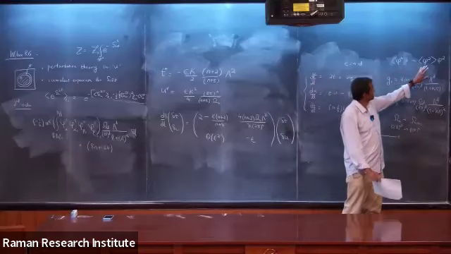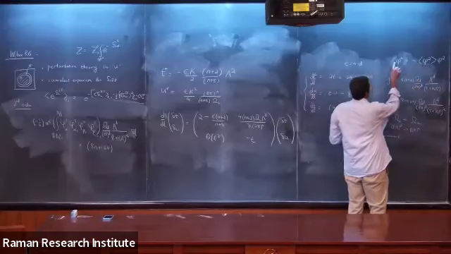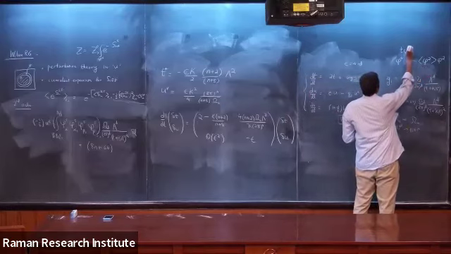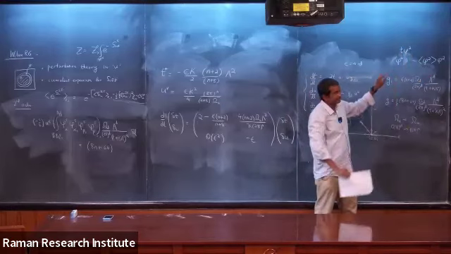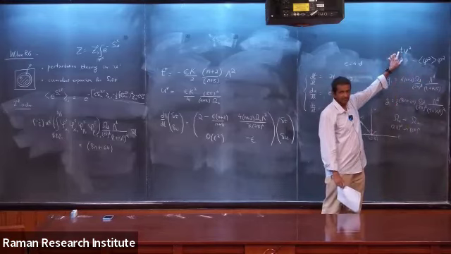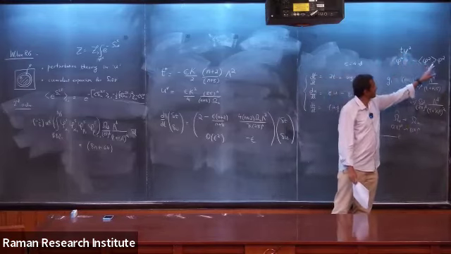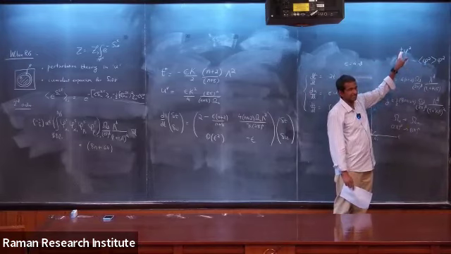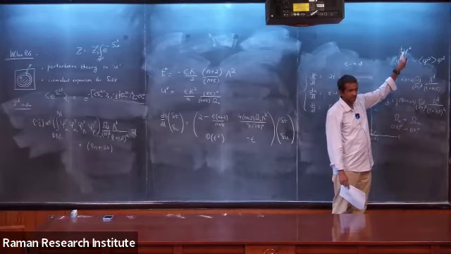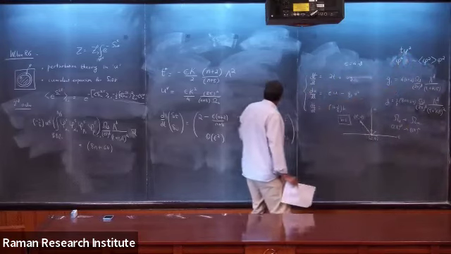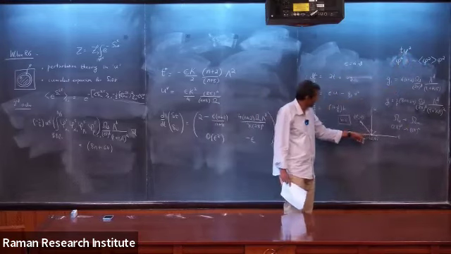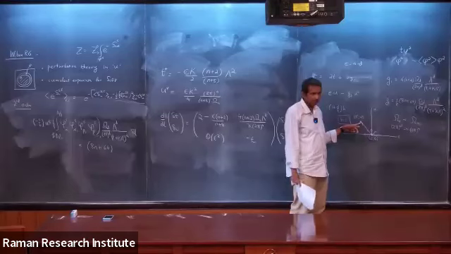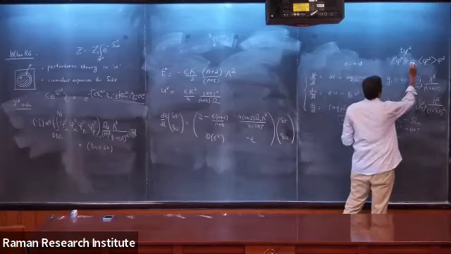And what this tells us is, even though I might have started with some bare t, the original critical point would have happened when t flipped sign. But the interactions give me some positive shift to this t. So the new transition point should be at some negative value of this parameter. And to order epsilon, it's happening at some negative value that's of order epsilon and set by the strength of the interaction u. So this is u.